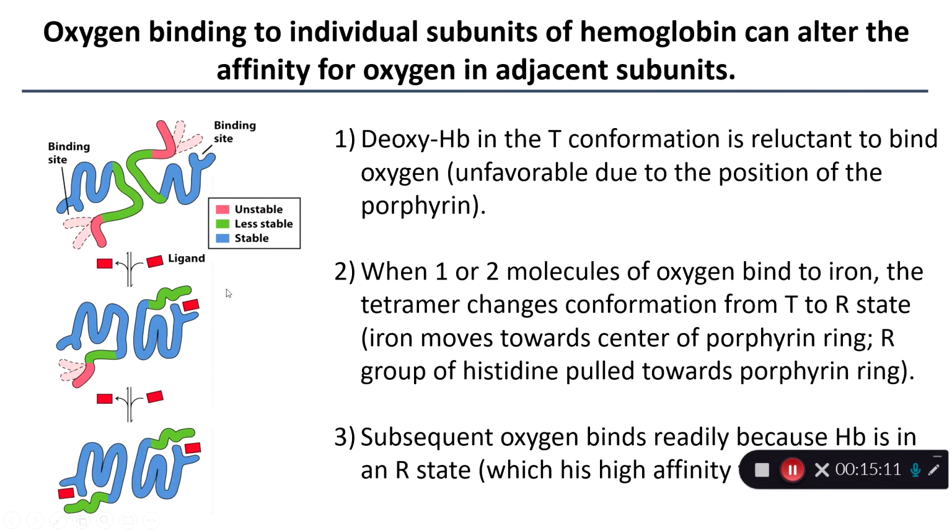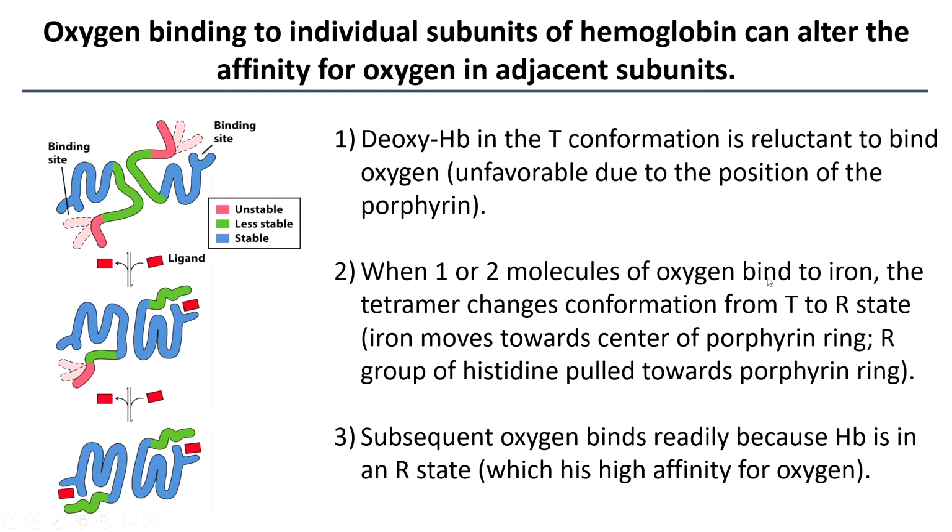So when the histidine moves, it introduces steric hindrance and strain in the helix that it's attached to. So this strain is transmitted to the remaining 3 subunits in the tetramer, where it induces a similar conformational change in their heme sites to position the heme groups to be more accessible for binding oxygen.